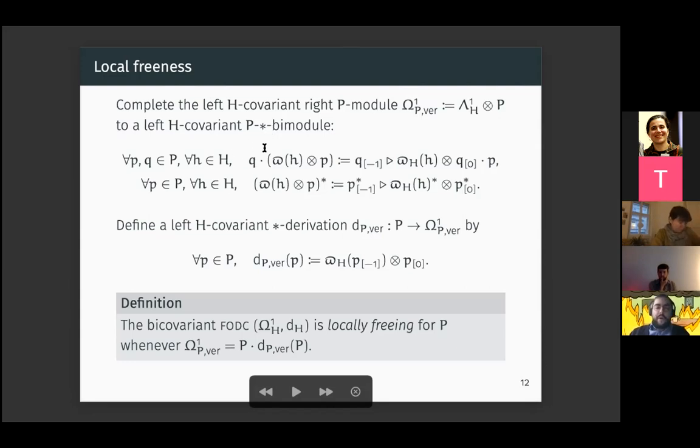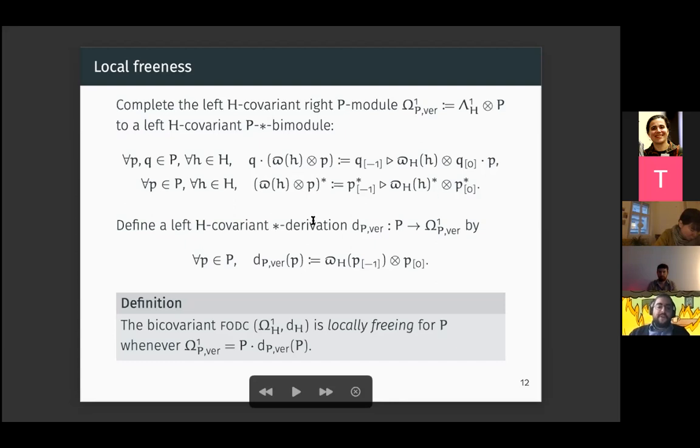So what's the left action? Well, the left module structure works like this. If you have Q, an element of P, you can bring it past varpi of A_H by doing the natural thing. The price you pay is that term, which is the thing that you expect, and then you have no choice but to define the star structure in this fashion.